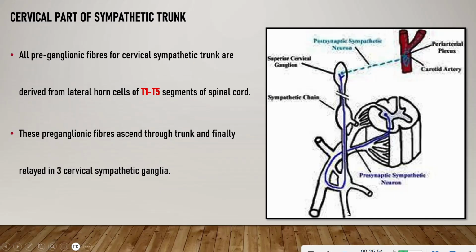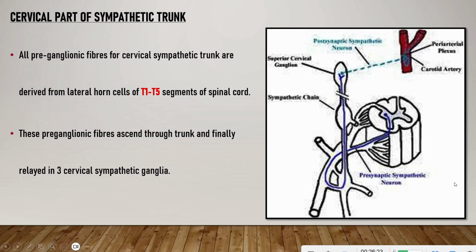From where? From T1 to T5 segments. They will not relay here because these are already postganglionic fibers, and they reach the superior, middle and inferior cervical ganglion, and then pass through the gray rami communicantes and via the spinal nerves.